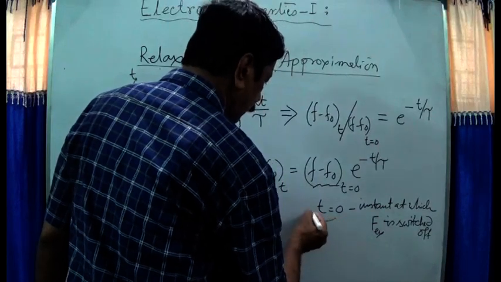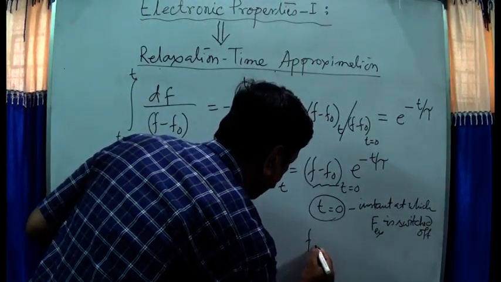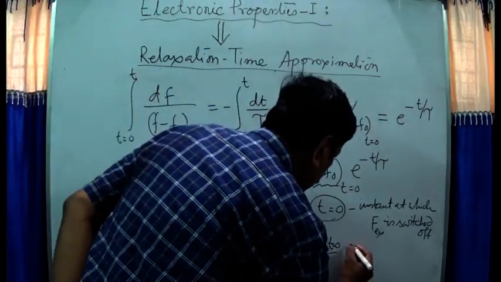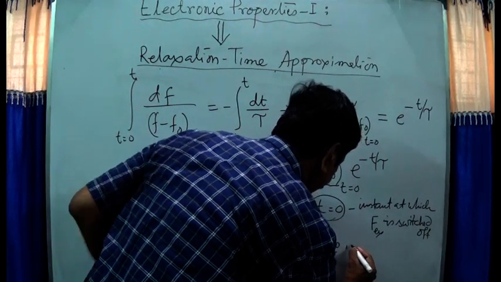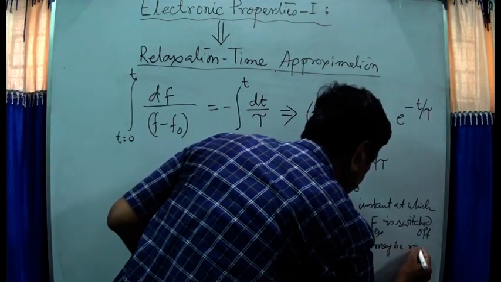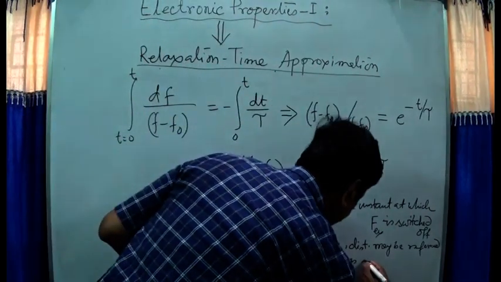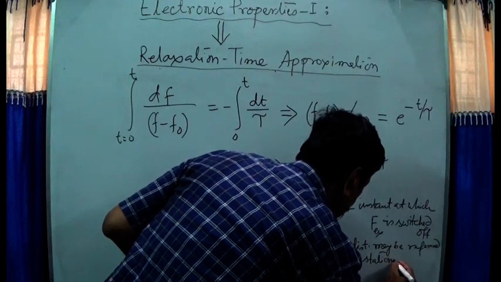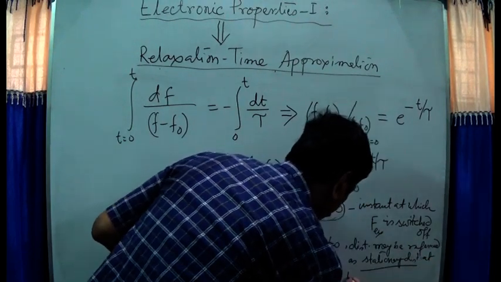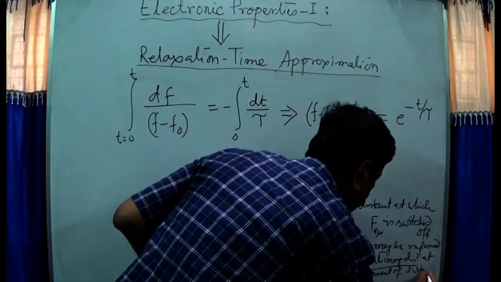Now for this specific point, the f at t equal to 0 may be referred to as the stationary distribution at the moment of switching off.